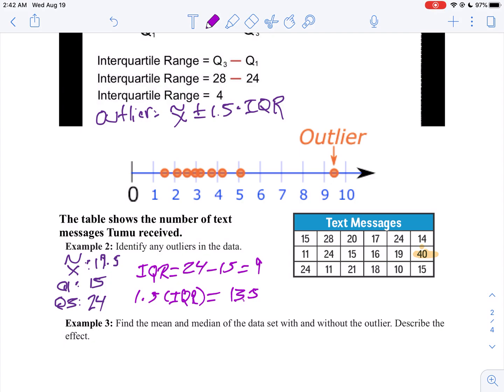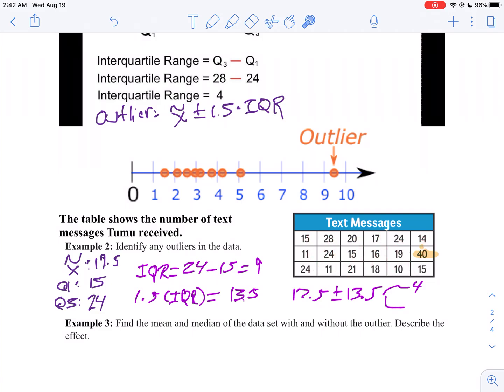Now, let's take our median, which is 17.5. I'm going to go plus or minus 1.5 times my interquartile range, which is 13.5. 17.5 minus 13.5 is 4. Well, do we have any numbers in our data set that are below 4?